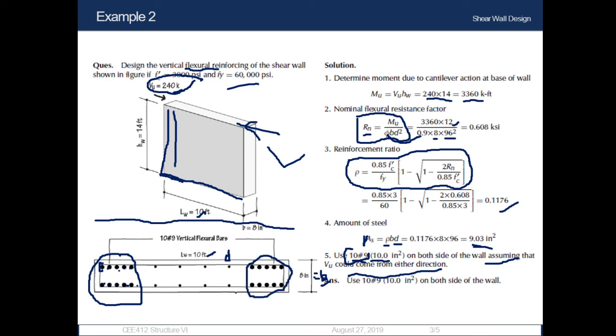So we are using 10 number 9 bars in this face also. In this way we will show in the figure 2 layers, 5 in each layer, in both faces, 10 number 9 vertical flexural bars, and conclude our design for flexural reinforcing.